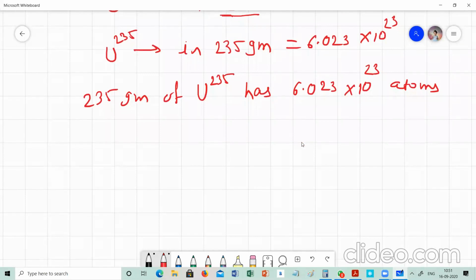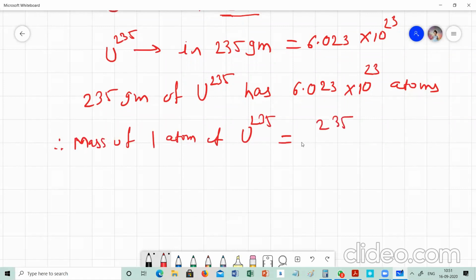We want the mass of one atom of uranium. Therefore the mass of one atom of uranium-235 will be equal to 235 divided by 6.023 into 10 raised to 23.